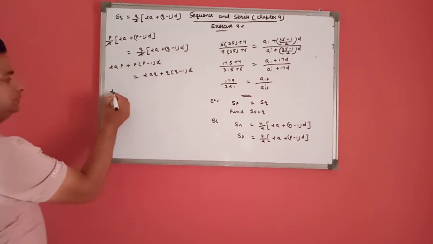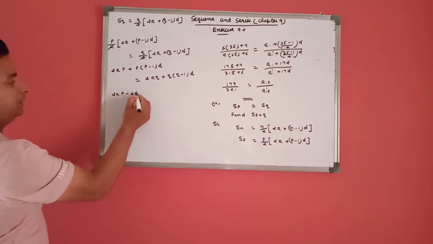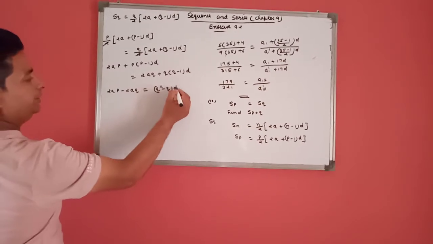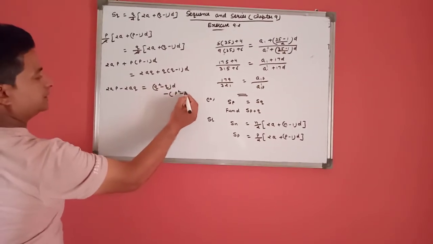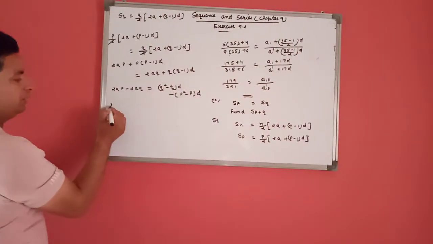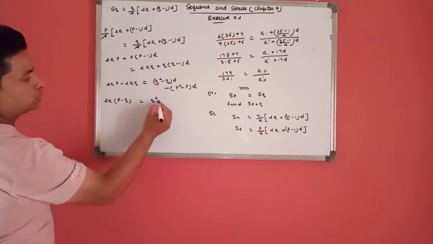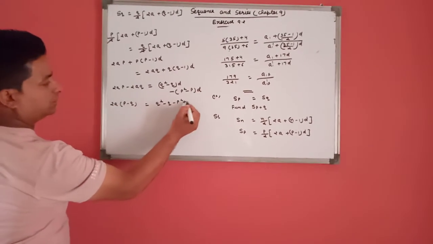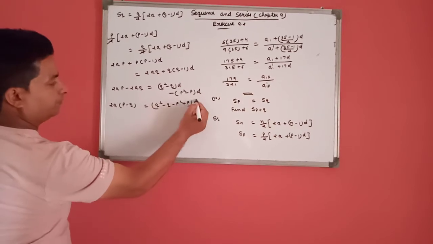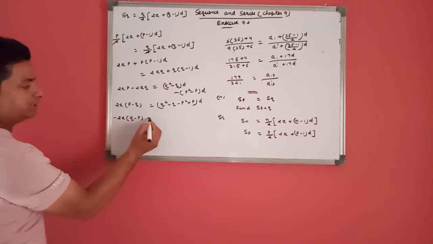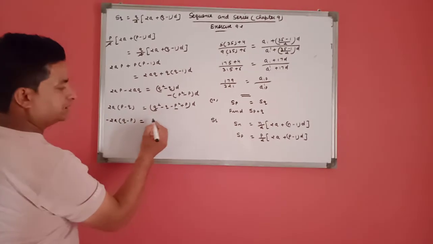This means 2ap minus 2aq, this is (q square minus q) into d minus (p square minus p) into d. When we take 2a common and also d from this equation, when we take minus common, we get (q minus p) and factorize these.